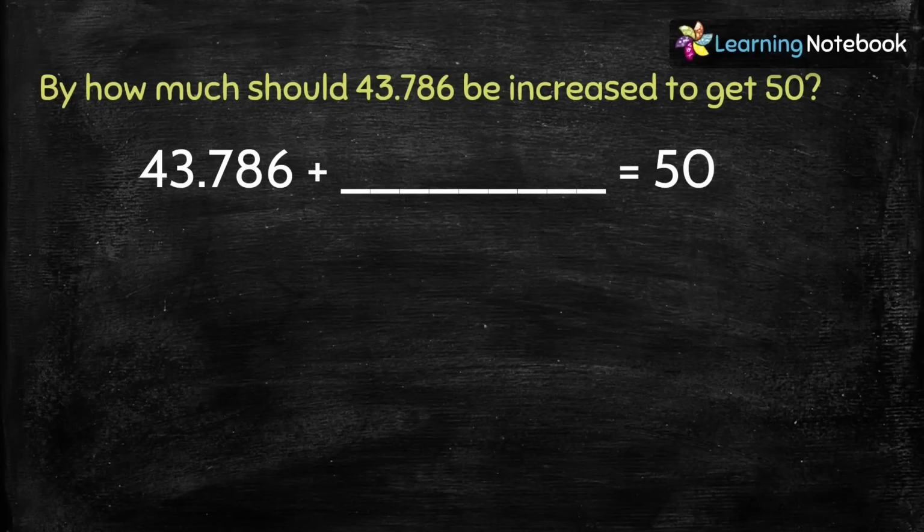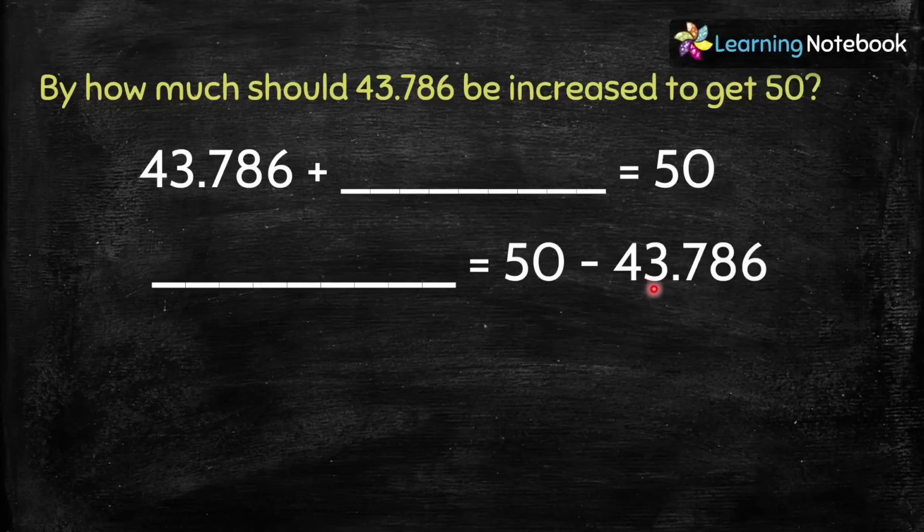So we have to find this blank here. So let's bring 43.786 to the right of equals and thus its sign gets changed to minus. So now we have to find 50 minus 43.786.